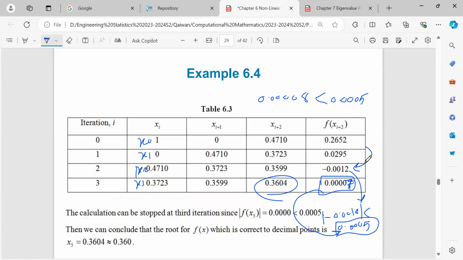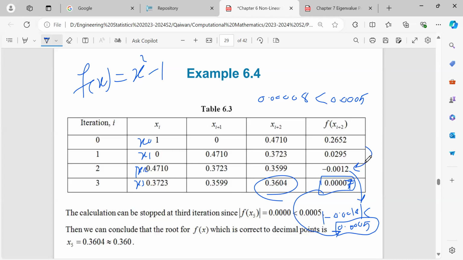We say the roots of an equation. The roots of this equation, let's say f of x equals x squared minus 1. What are the roots for this equation? It's 1 and minus 1. So if we evaluate the function at 1 and minus 1, it equals 0. Okay, f of x is 0.